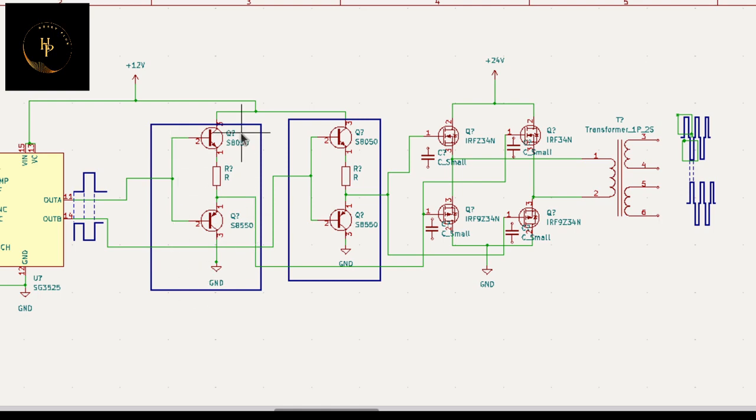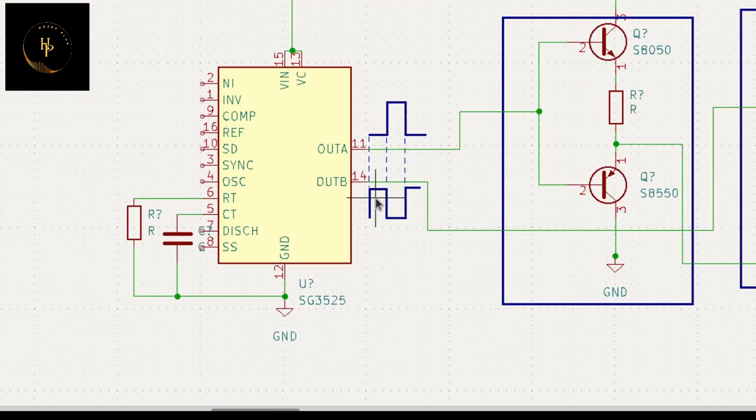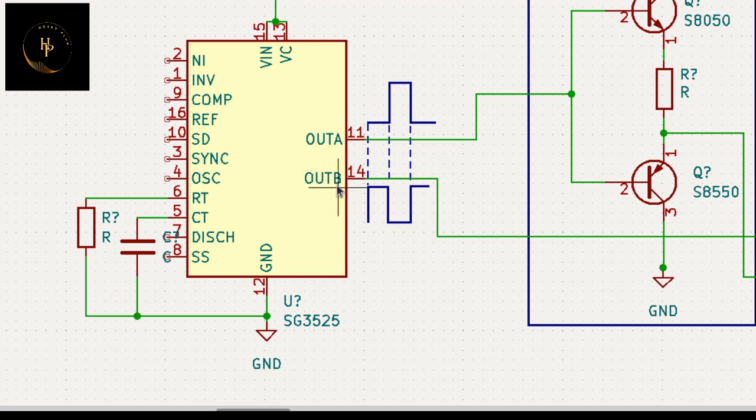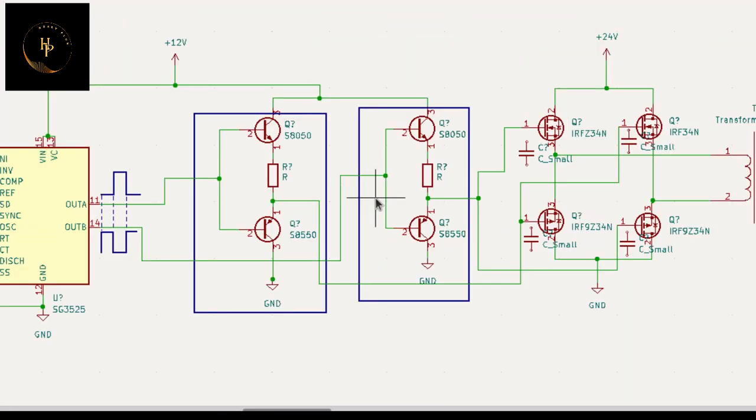When it is off and this pulse comes out from the signal generator, that means this part, the second push-pull amplifier, is on, and you do the same thing with this pair, one of them here and here. In that moment your power comes through this path, goes to the coil, back to the MOSFET, and this goes to ground.